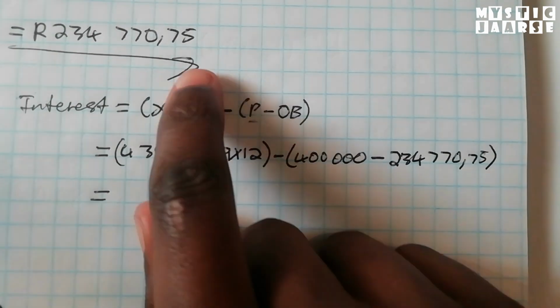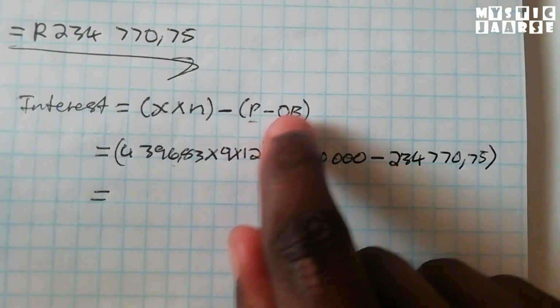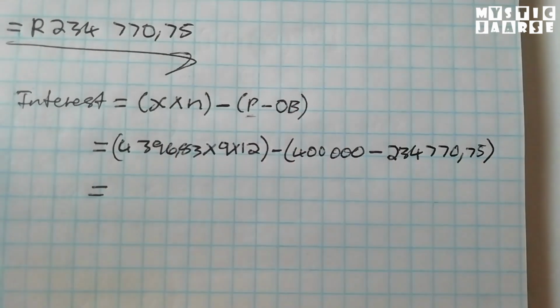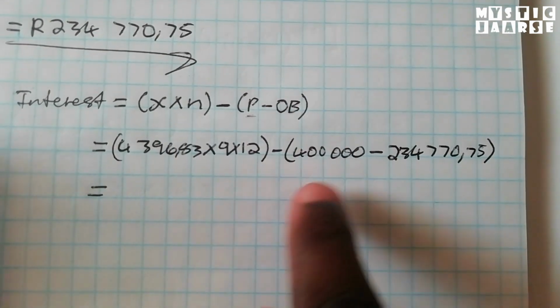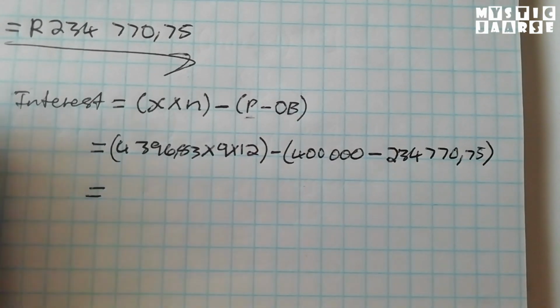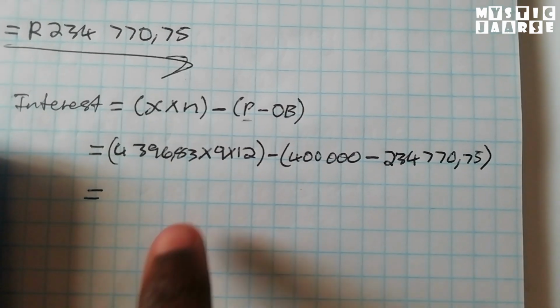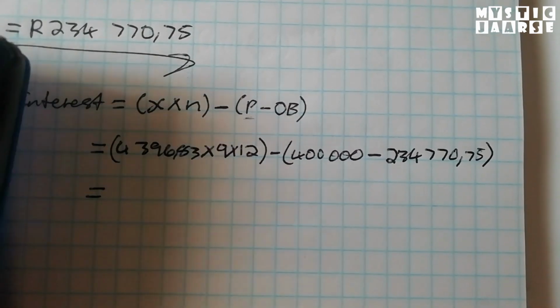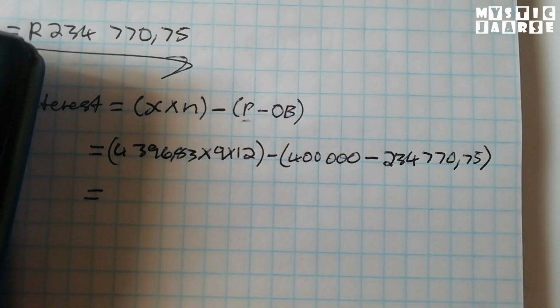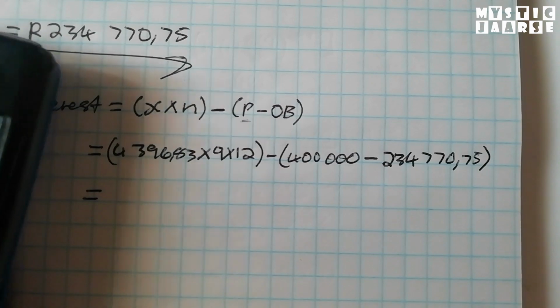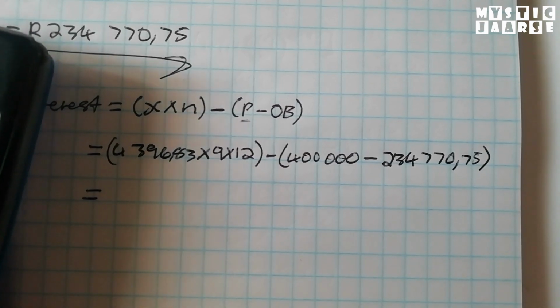So when we plug this into a calculator, I used brackets because I'm subtracting the value that I'm going to get here from this one. So there are two separate numbers. So be careful, because if you don't put brackets, then your calculator is going to be confused and you're going to get a wrong answer. So we have this minus 400,000 rand minus the outstanding balance, 234,770 rand 75 cents.